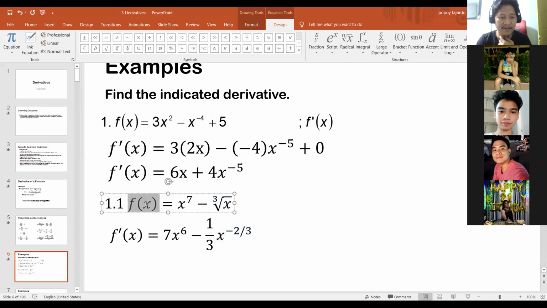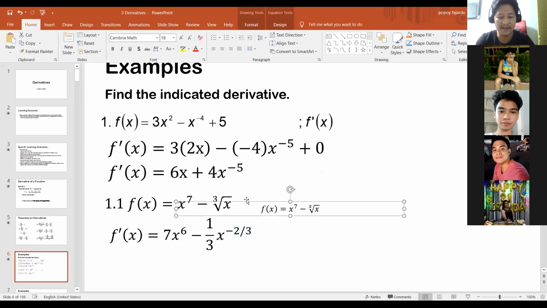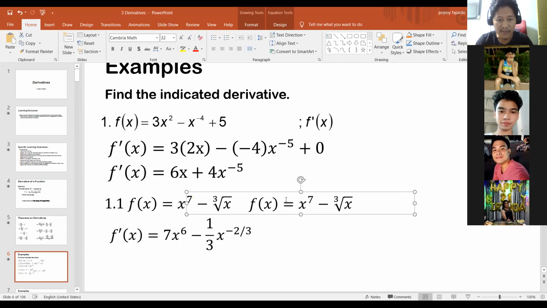Kasi ito, ulitin natin, we can actually rewrite this. Diba ito, pwede natin itong isulat instead of cube root, pwede natin siyang isulat as ano?